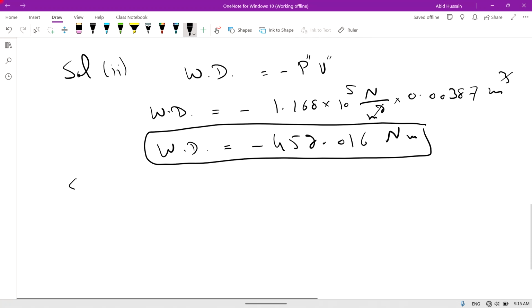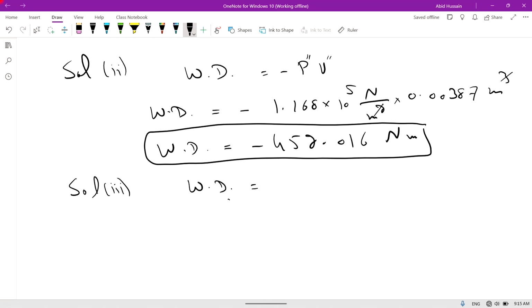Now work done on the piston. Work done on the piston will be positive, because when work is done on the piston, it is compression, and compression work will be positive according to McConkey.